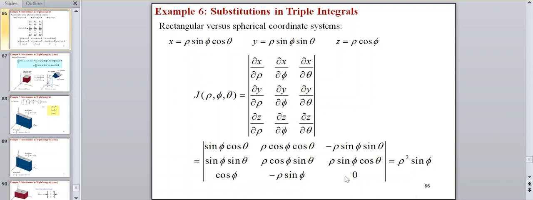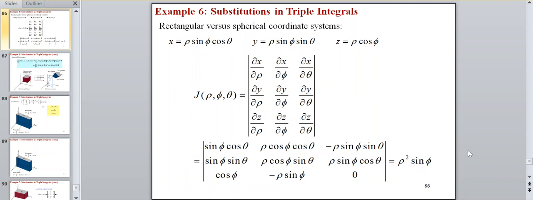You can calculate here, and the determinant will be rho squared sine phi. Now you know where this rho squared sine phi is coming from. Do you remember when we were talking about the triple integrals in a spherical coordinate system? For dV, we said it is rho squared sine phi d rho d phi d theta. So actually this rho squared sine phi is the Jacobian of a spherical coordinate system when we are using a spherical coordinate system for our substitution.